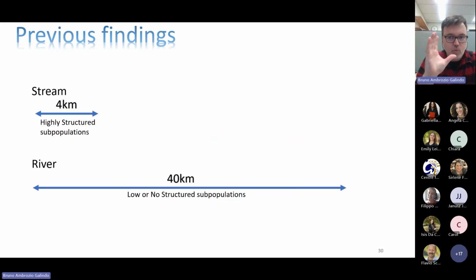I am not sure, but one previous project showed us that sometimes in a stream we have more structured population between collection sites 4 kilometers apart than in a river between collection sites 40 kilometers apart. So sometimes we have more genetic differentiation between streams than between rivers.